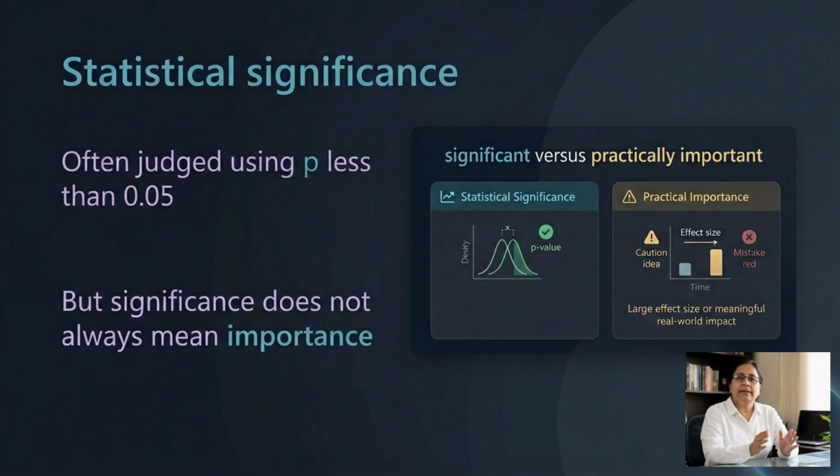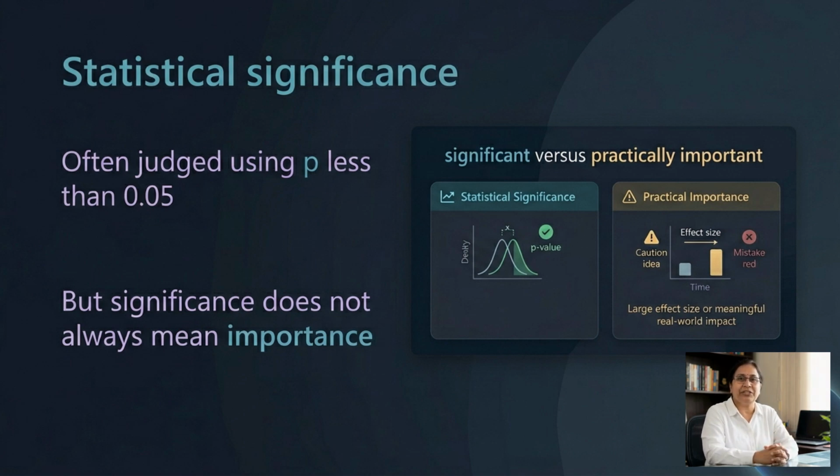Now, let us talk about statistical significance. Very often, students are told that if the p-value is less than 0.05, the result is statistically significant. That is a common working rule, but it should not be misunderstood.